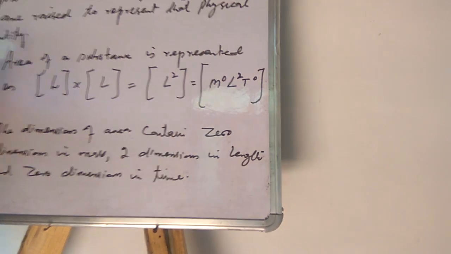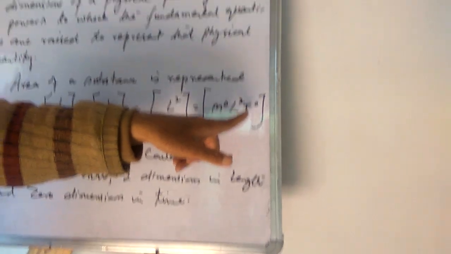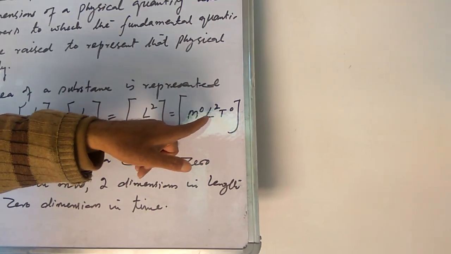Or in other words we can say this area is independent of mass and time and depends on the square of the length.